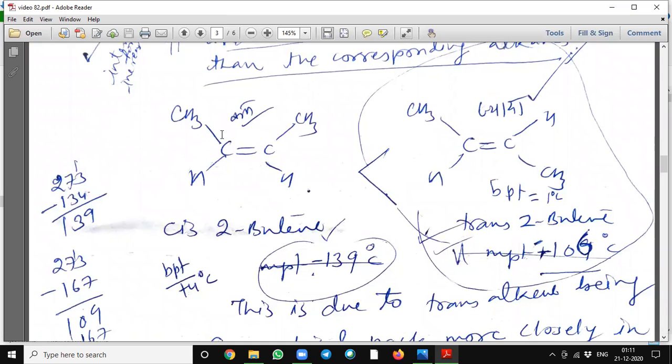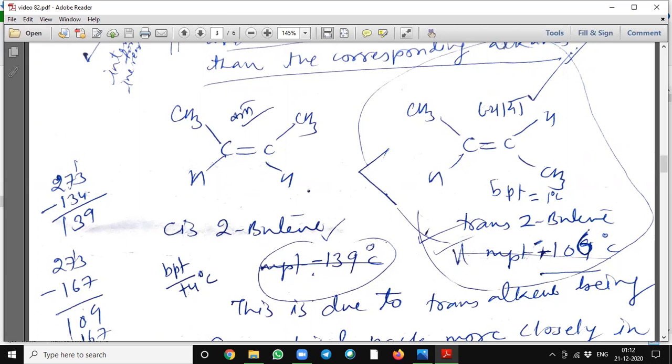See here, this is cis-2-butene. Its melting point is about minus 139 degrees centigrade. It is lower compared to this trans-2-butene, which has minus 106 degrees centigrade.